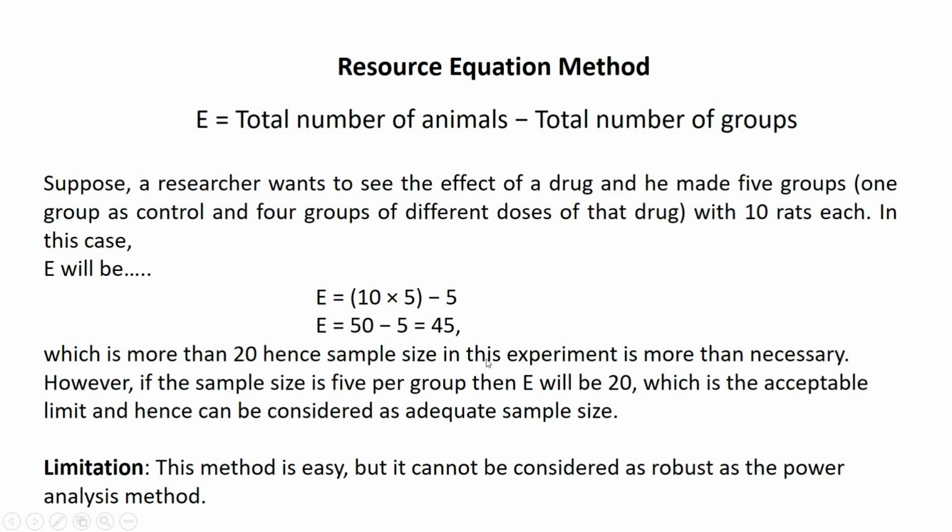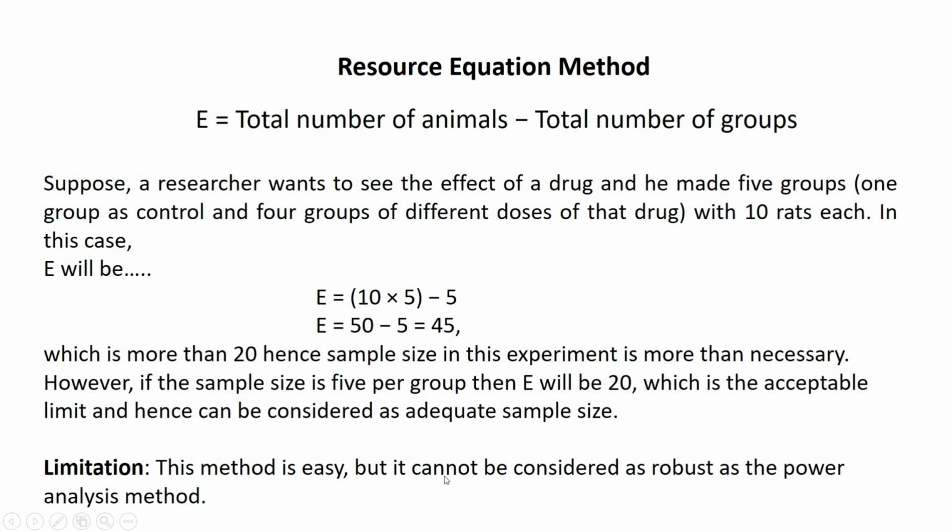Hence the sample size in this experiment is more than necessary. As per the resource equation method, if E is more than 20, we are using unnecessary animals. As per my point of view, this equation is used for toxicological studies because it has some limitations.